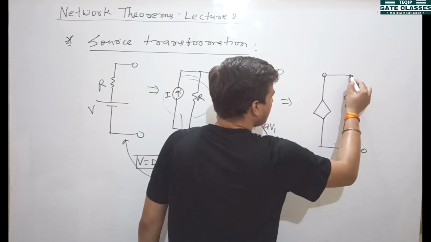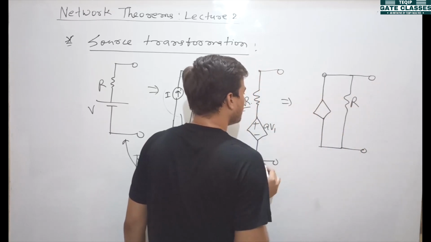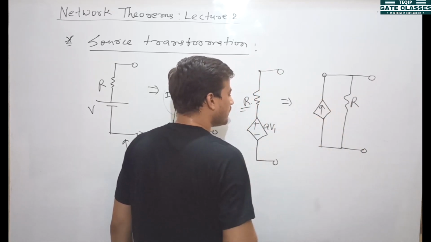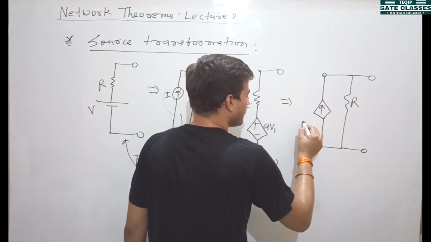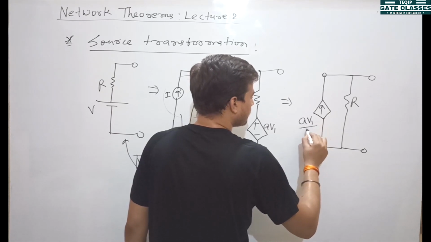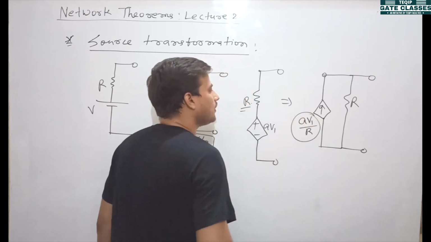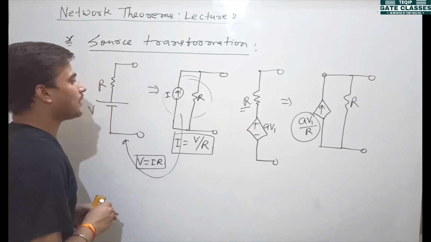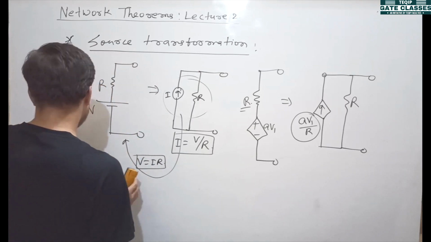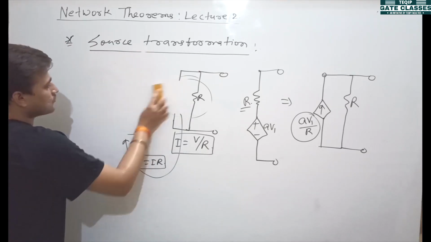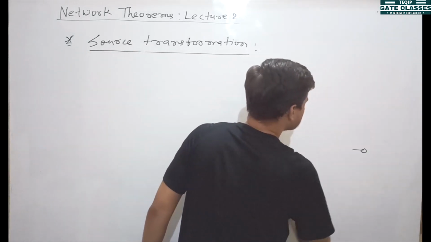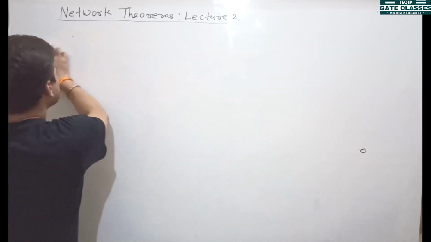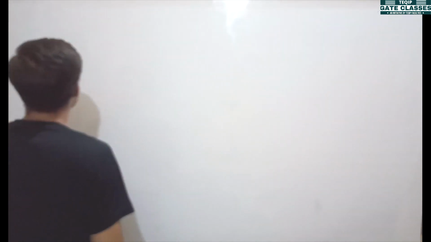The resistance will be the same, but it will come in parallel. Here you replace it by an arrow, and its magnitude will be A into V1 divided by R. So this is the source transformation. Clear? Next let us discuss the constraint equation in the case of dependent source.